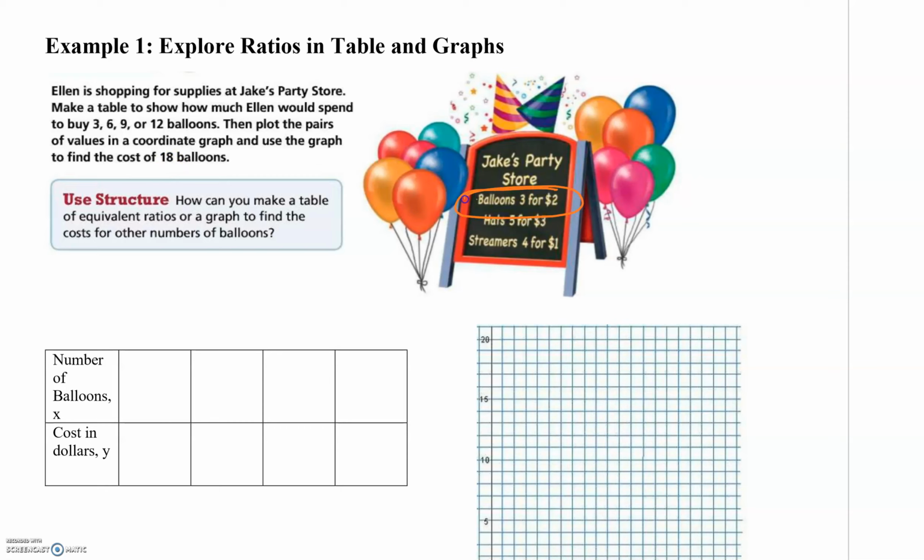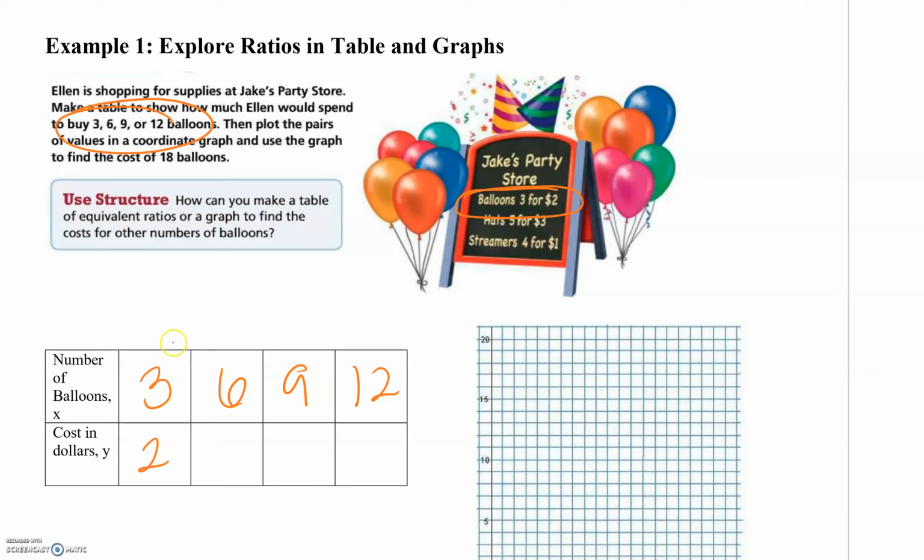All right. So we have our balloon cost here. It says 3 balloons is $2. So that's the ratio that we would want to start off with. We also want 6, 9, and 12, since that's what it says in the problem, to build our table.